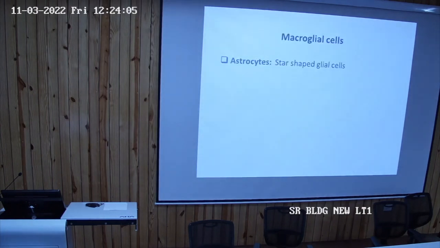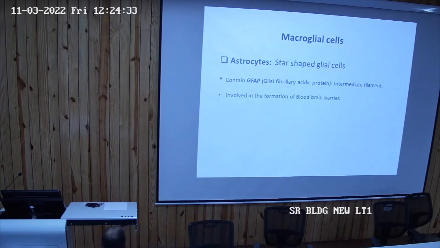The name astrocyte tells you that astro means star shaped. What is the role of the astrocyte? It helps in the blood-brain barrier. Astrocytes contain an important intermediate filament protein called GFAP, glial fibrillary acidic protein.